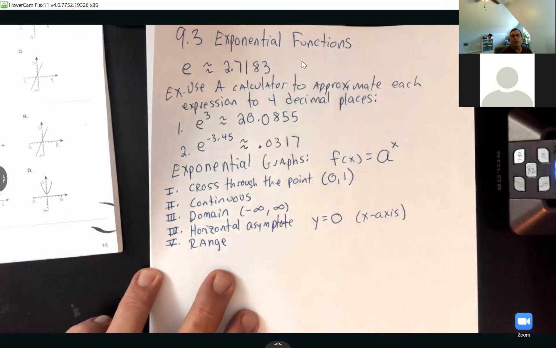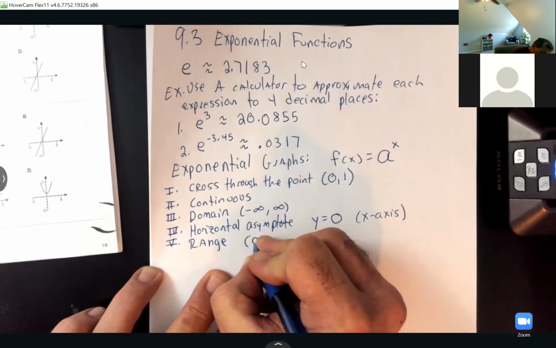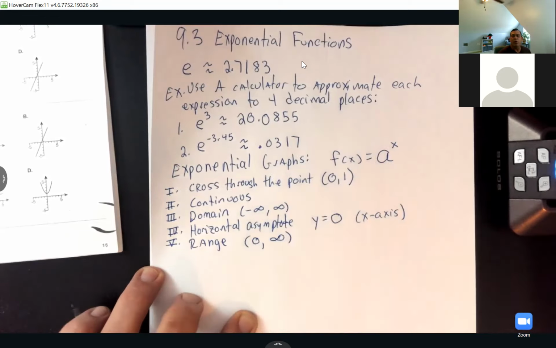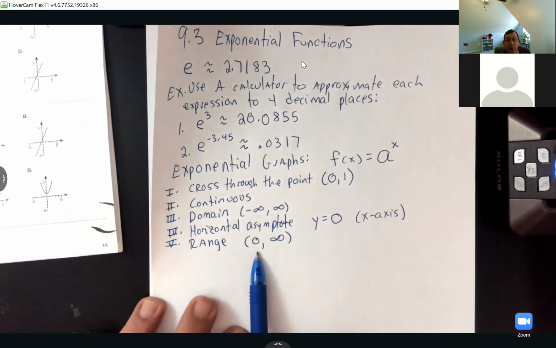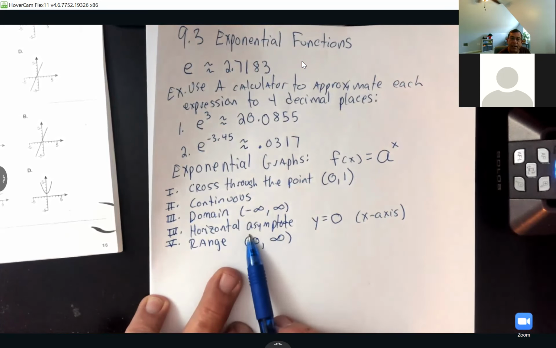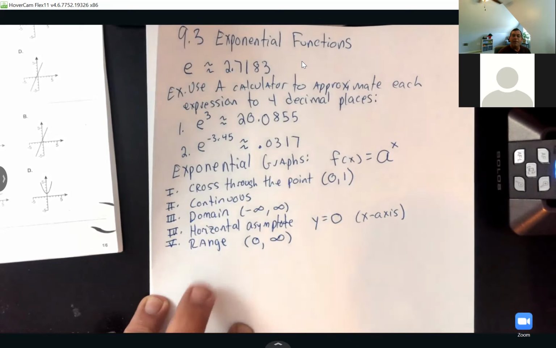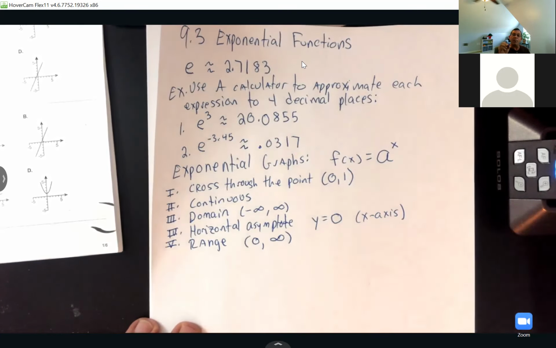The range of an exponential graph will go from 0 to positive infinity. It can't equal 0 because it never can get to the x-axis, okay? So that's why the 0's in a parenthesis this time and not a bracket.